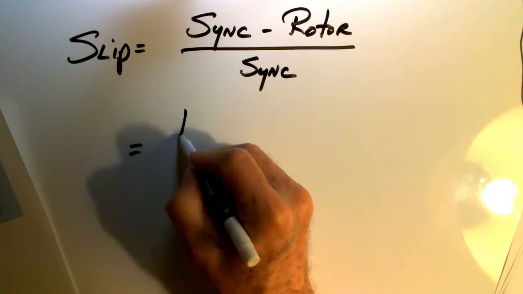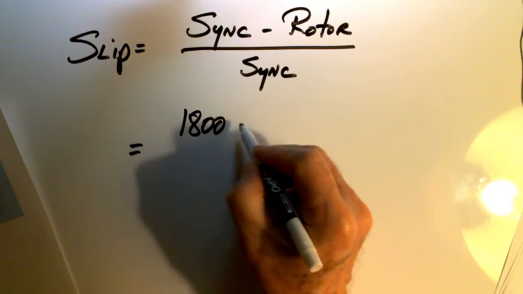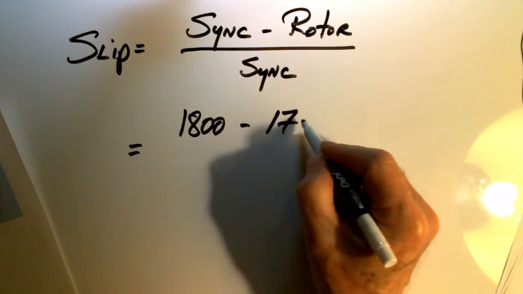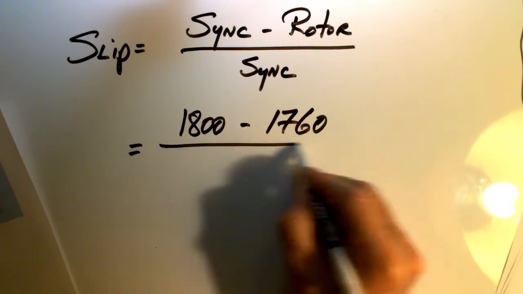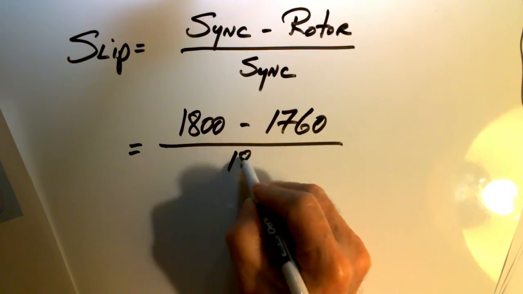So 1800 RPM minus 1760 RPM, all of that divided by 1800 RPM.